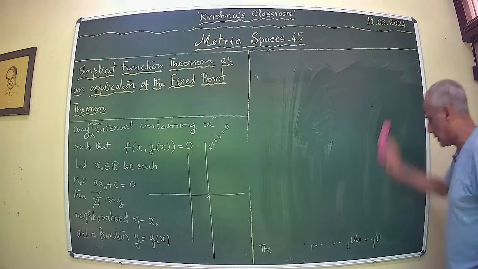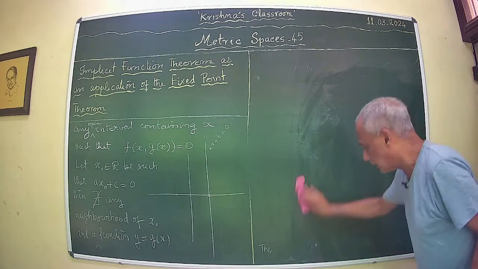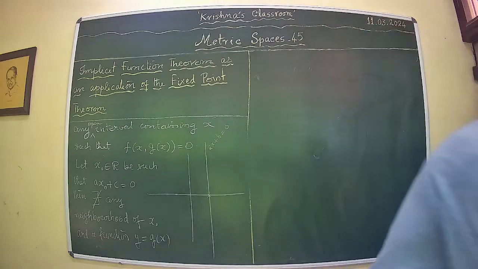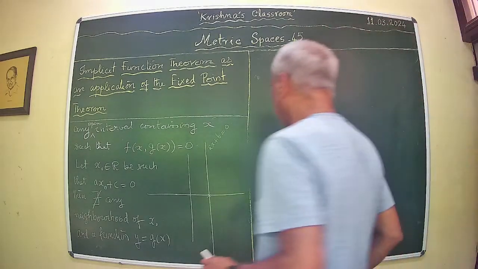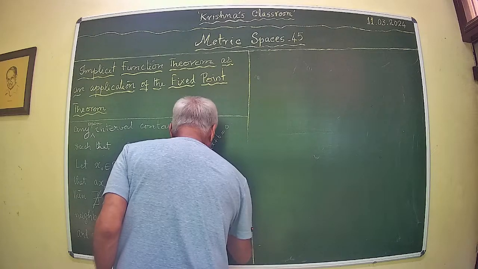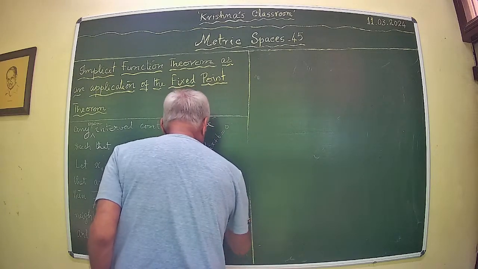Now what is happening? You see that corresponding to, you take any neighborhood of x0. So this is x0, 0. Take any neighborhood of x0.